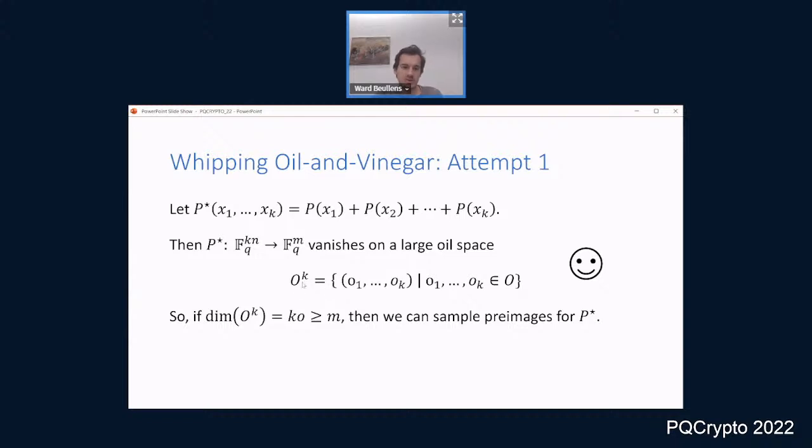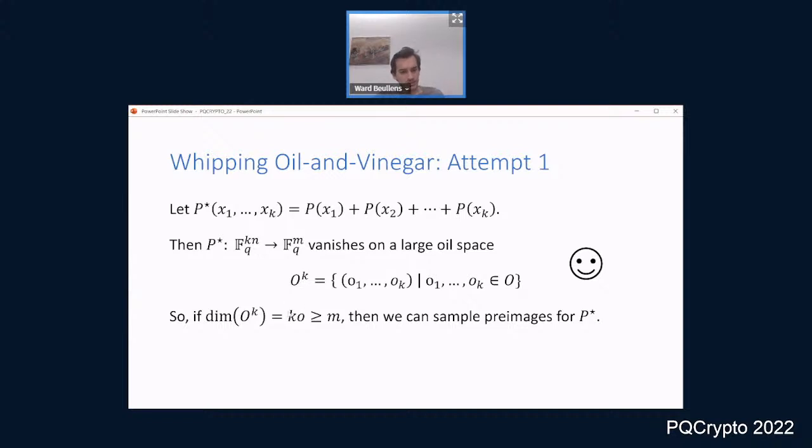Because you have a new oil space, which is just k copies of O, and of course this map P star will vanish on this space. If you plug in oil vectors for all these copies of P, all the terms will be 0, and P star vanishes on this bigger oil space.